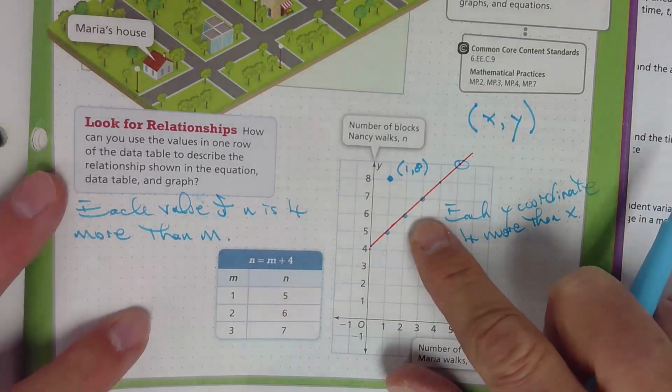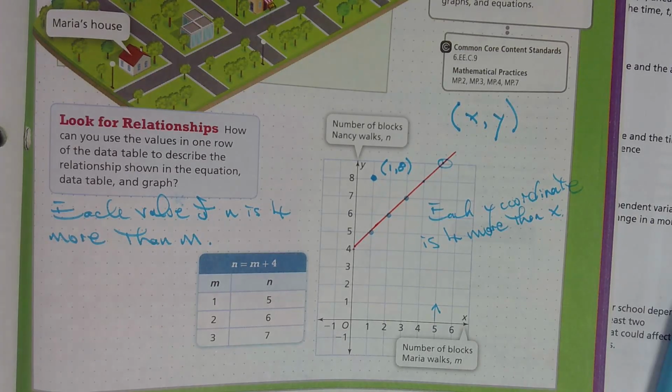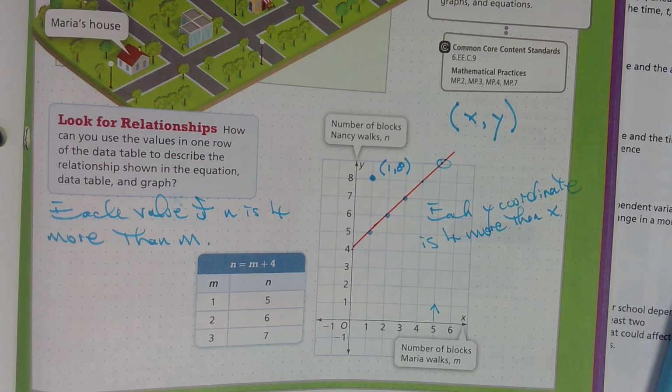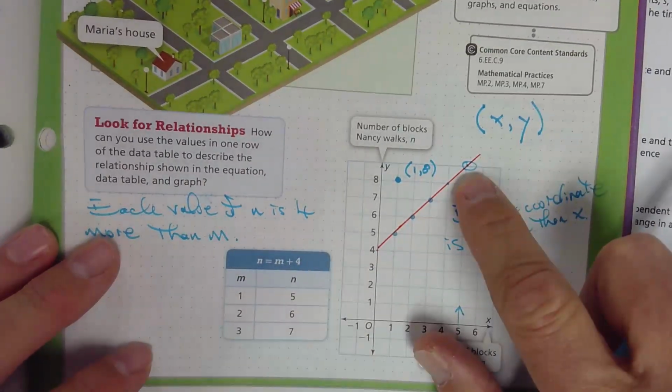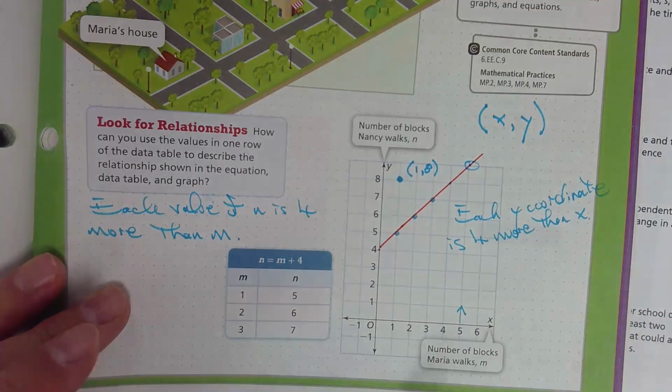Whenever you draw lines on a graph, I always want you to use a straight edge. Don't try to do it by hand. It ends up looking sloppy. So always use a straight edge when you're drawing a line on a graph.